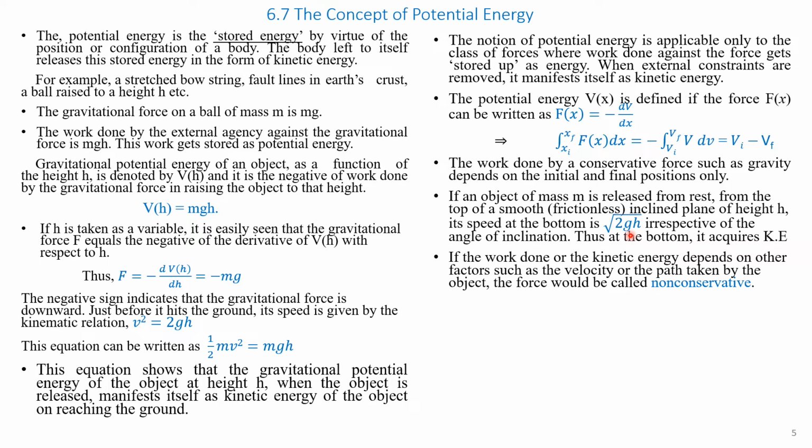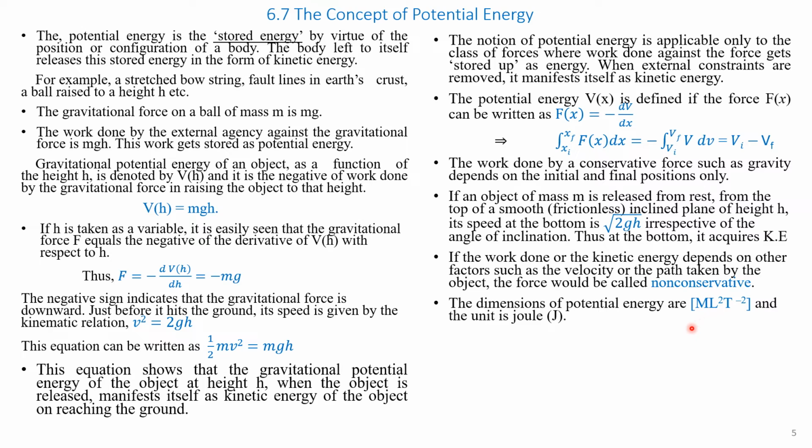If the work done or the kinetic energy depends on other factors such as velocity or path taken by the object, the force would be called a non-conservative force. Please note, if the kinetic energy depends on other factors such as velocity or path taken by the object, the force will be called a non-conservative force.